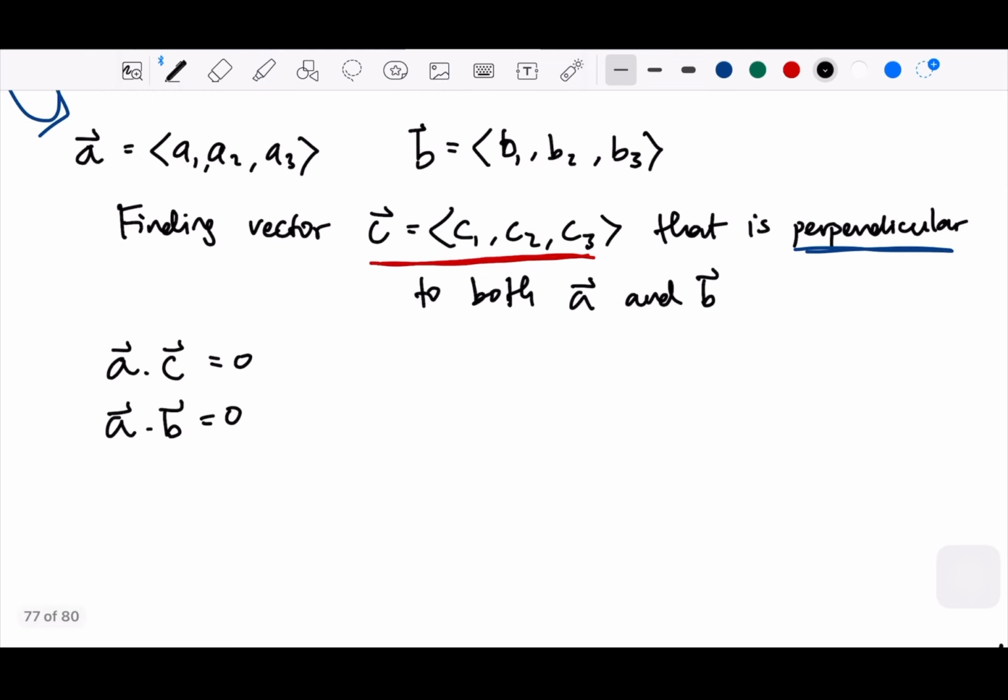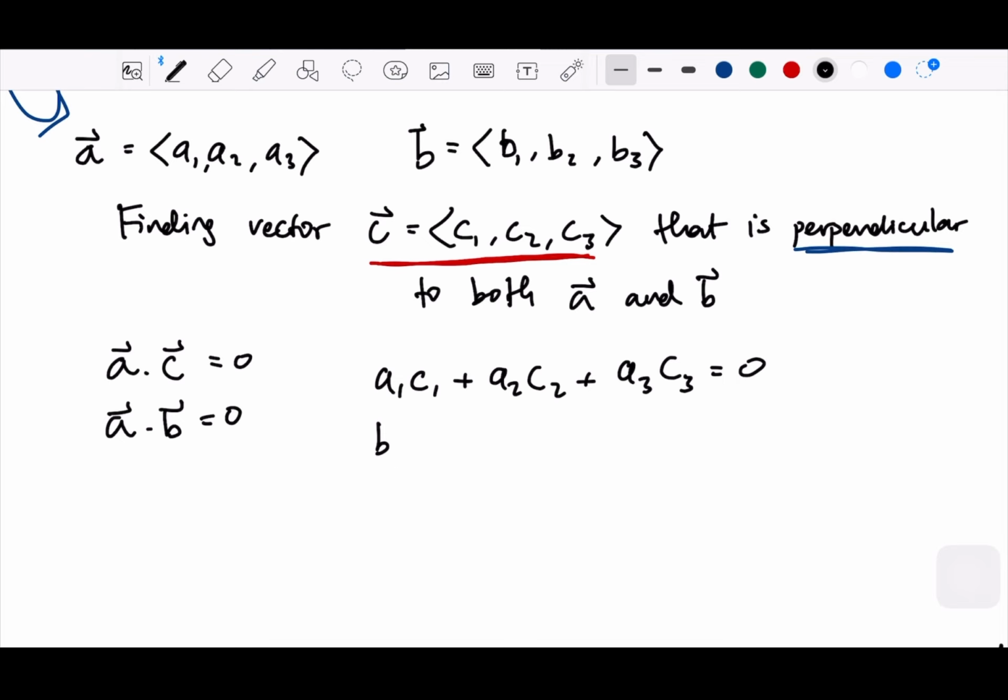So we can write down A1C1, let me write just without arrow to make it more simplified, plus A2C2 plus A3C3 equals 0.